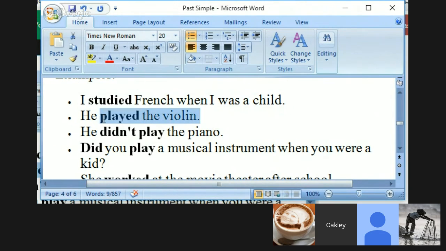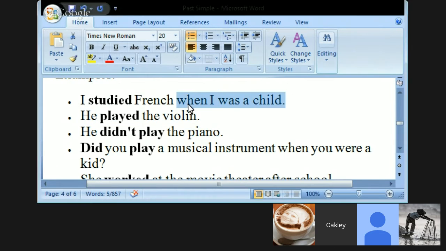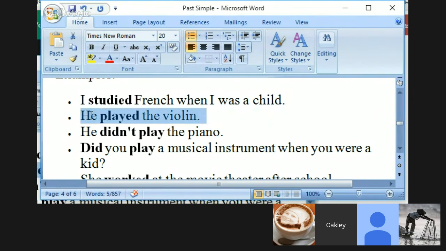The second one, however, if you said this to me, he played the violin, I really don't know if he did this as a habit or if he did it one time at a party or something and then never did it again. All I know is that this is a finished action. I have no idea without some kind of extra information. This is very ambiguous.